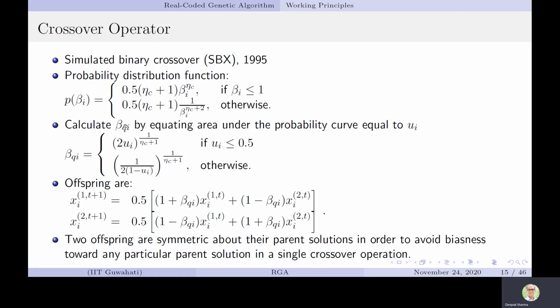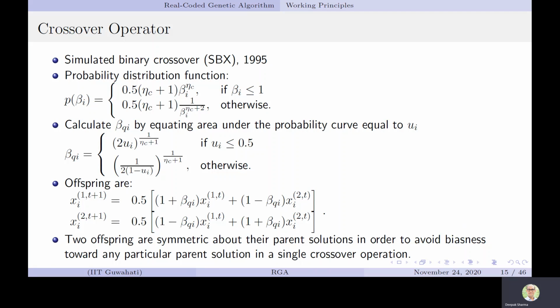In order to calculate the beta_i value, we integrate this probability distribution from minus infinity to plus infinity. When we find the area under the curve for a variable xi, the area should always be 1.